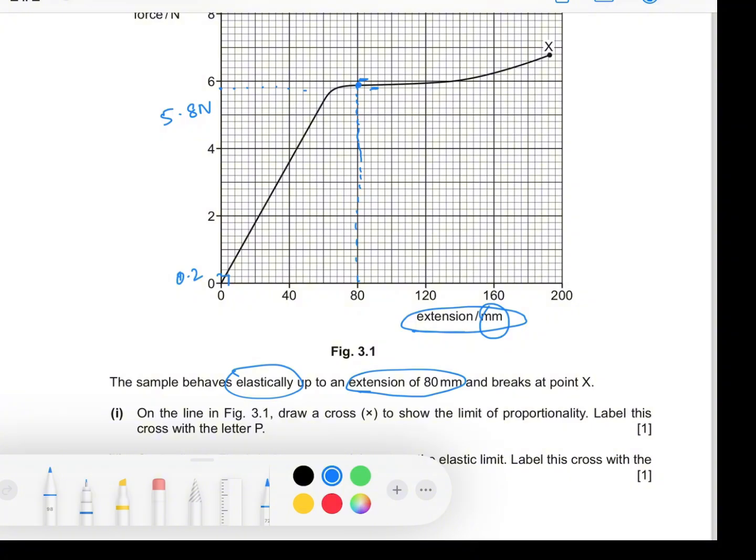Halfway between 5.8 and 6 Newtons would be 5.9 Newtons, which is the point at which extension is 80 millimeters and also the elastic limit. Let me write that as a coordinate. This is 80 and 5.9, right?